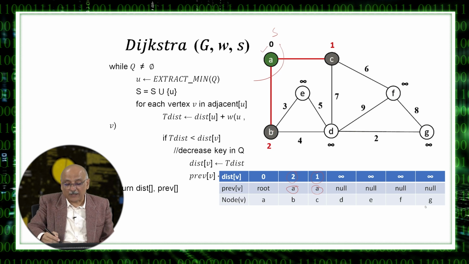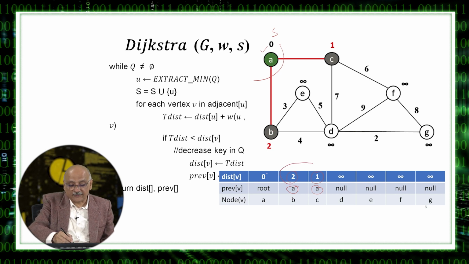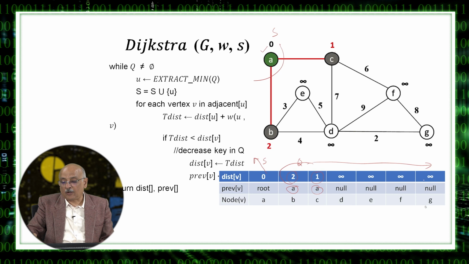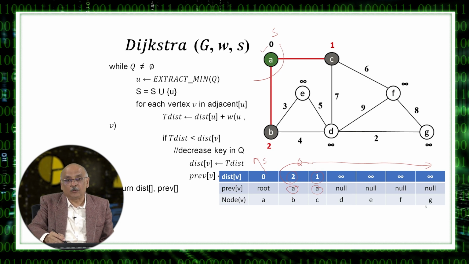Now this is my priority queue. This is moved out, all right. This is in set S now. So my priority queue consists of all these nodes. Rest all are infinite, and 1 and 2, only these two values. We got to select the smallest. We select 1. All right.